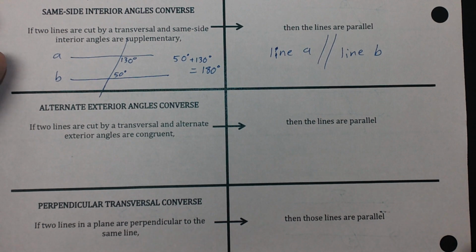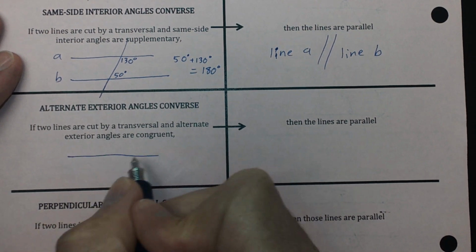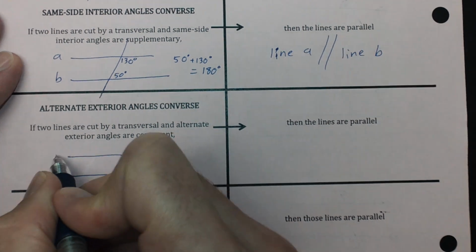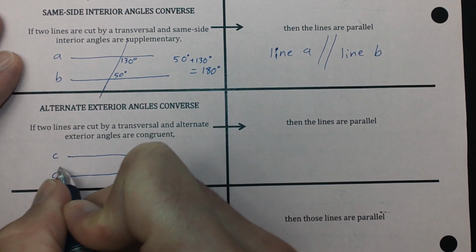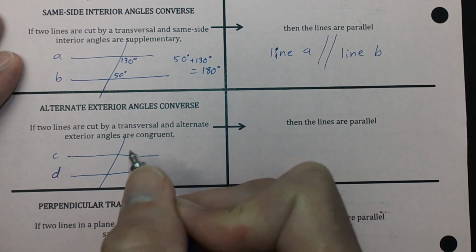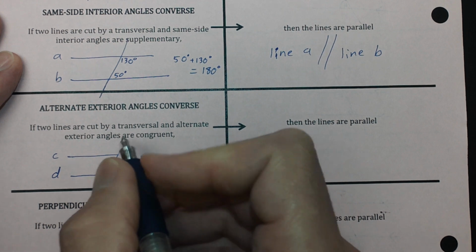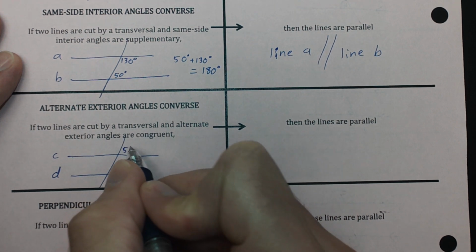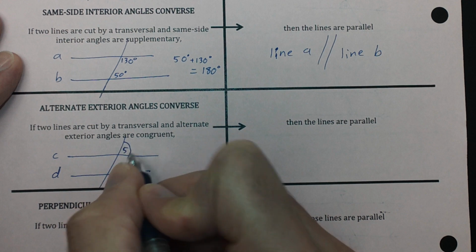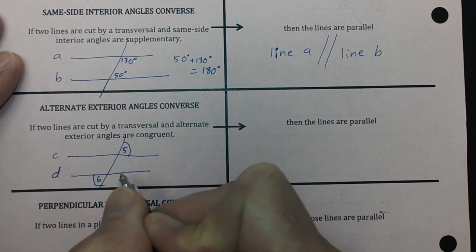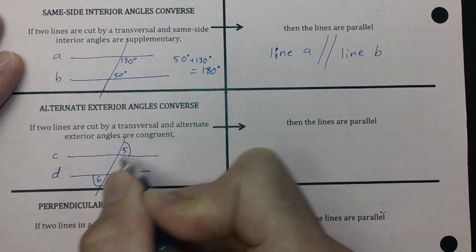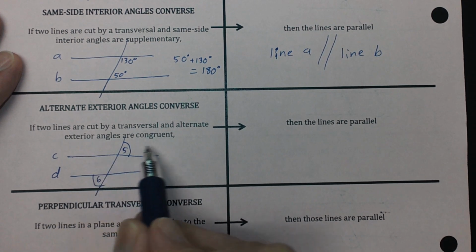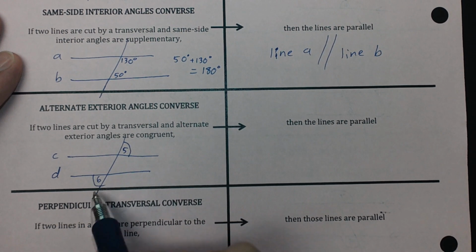Alternate exterior angles this time. Let's say we have lines C and D cut by a transversal, and we'll call this angle 5, angle 6. Two lines are cut by a transversal and alternate exterior angles are congruent.